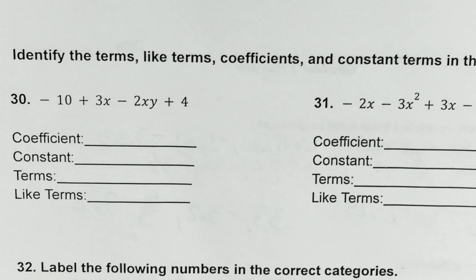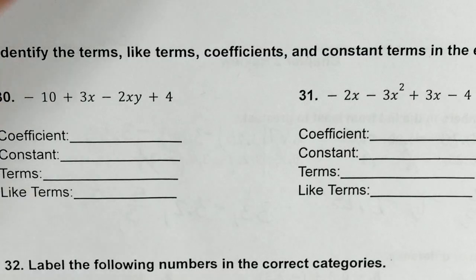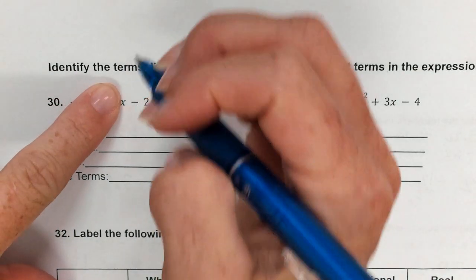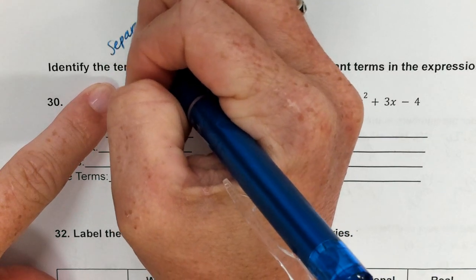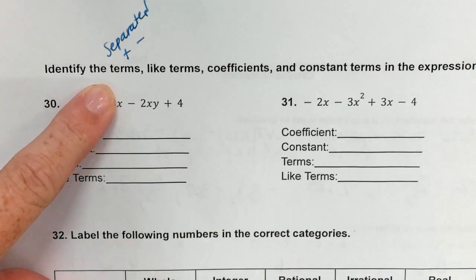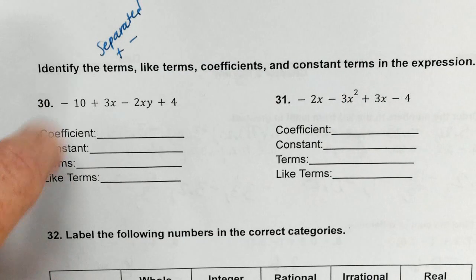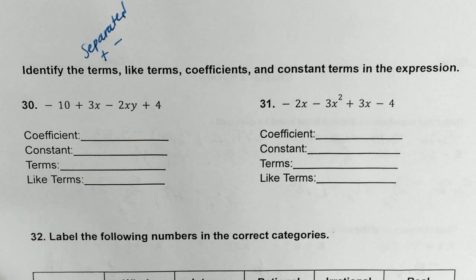Okay, flip to the back. We are going to identify like terms, coefficients, and constants. So let's talk about them. A term is separated by adding and subtracting signs. Like terms, x's can be combined with x's, y's with y's, x squared with x squared.